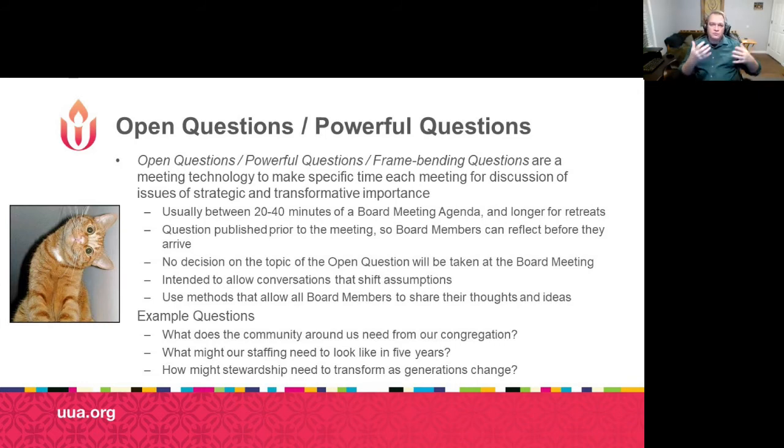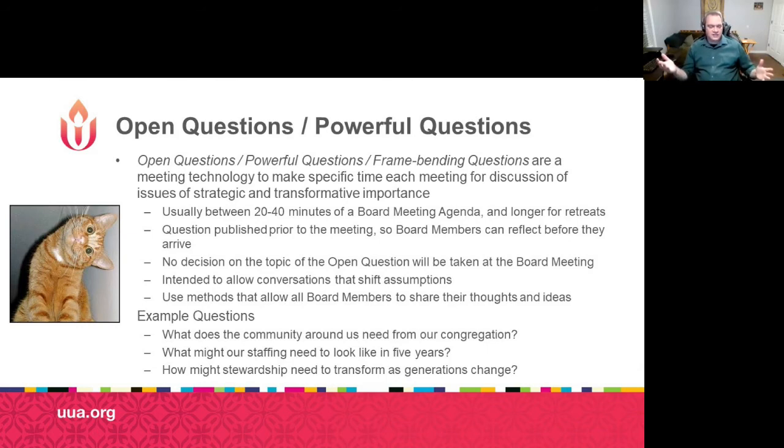So that you as board members deepen your understanding of each other and your relationship to the congregation and to Unitarian Universalism, and you're discerning together what's important to the congregation. Decisions about an open question may come out of that, but they will not be voted at the meeting that the open question is about.